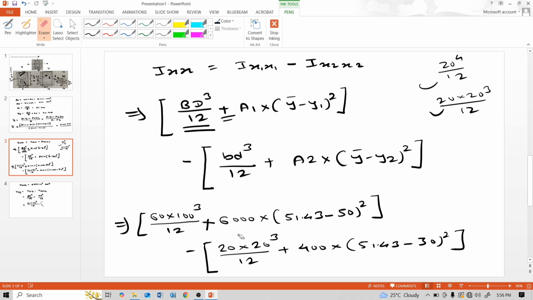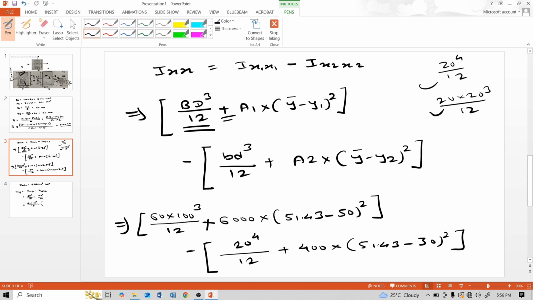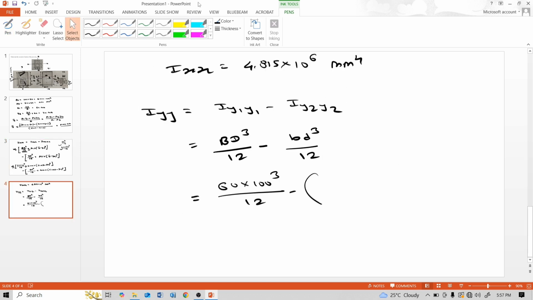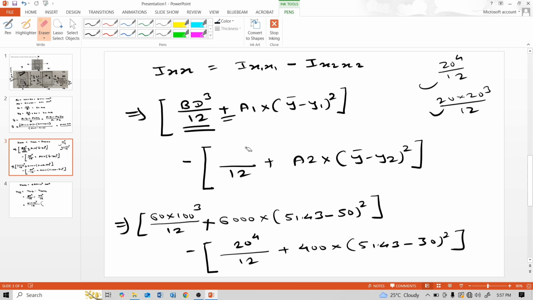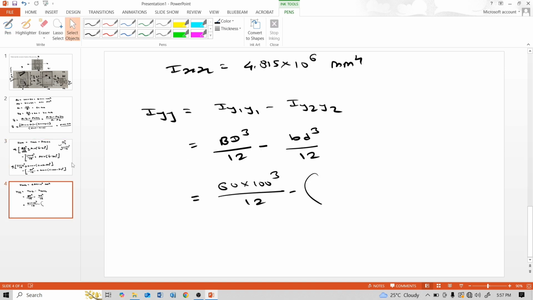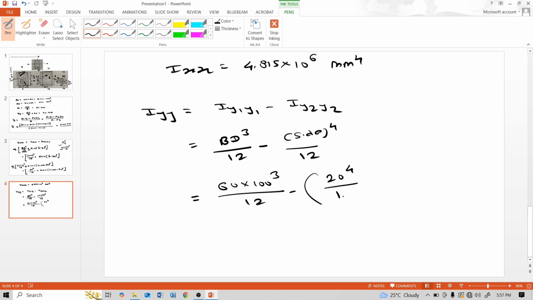Only write it like this, side raised to 4, 20 raised to 4 by 12, where 20 mm is the side of the square part.